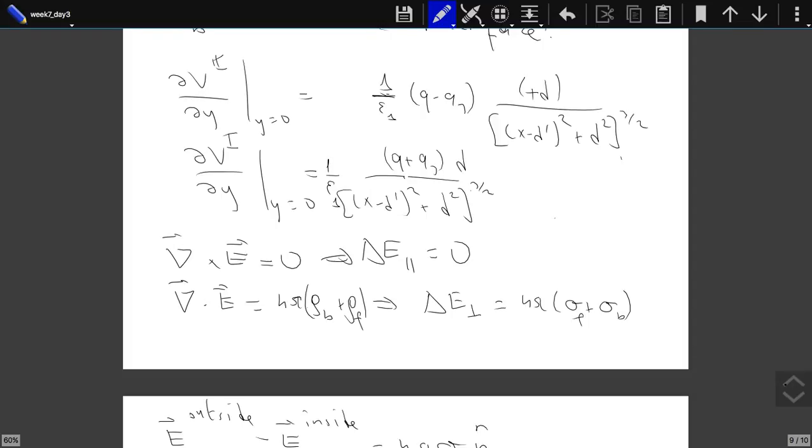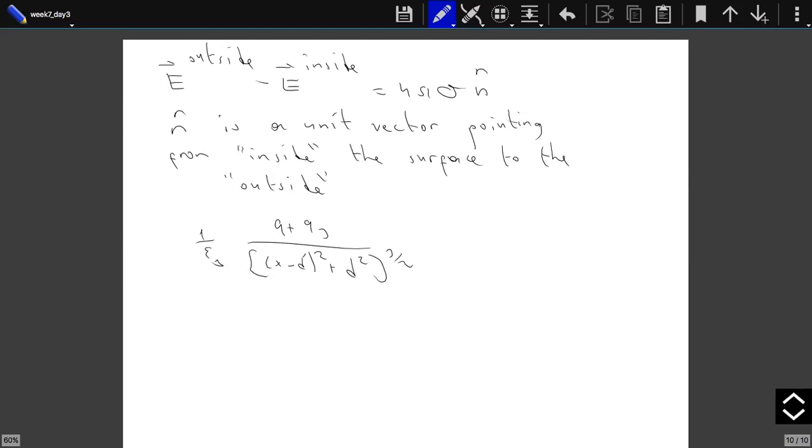Well, minus this one, the electric field in region 2, 1 over epsilon 1 times q minus q3 divided by (x minus d prime) squared plus d squared to the 3/2. This should be equal to minus 4 pi sigma. Minus, because these terms are the derivatives of the potential, and the electric field is minus the derivatives.